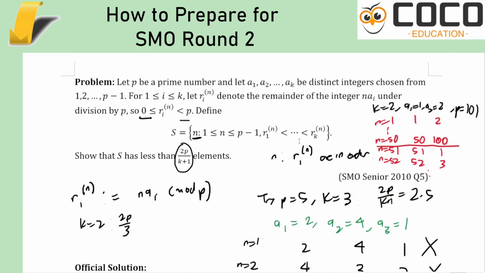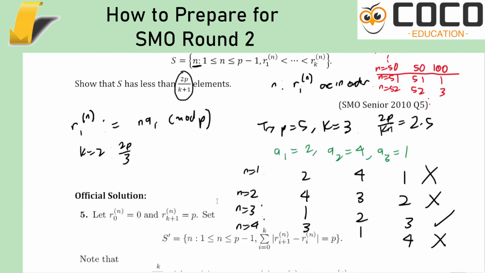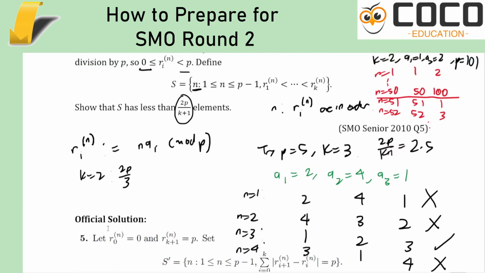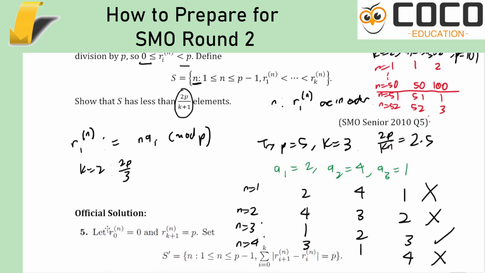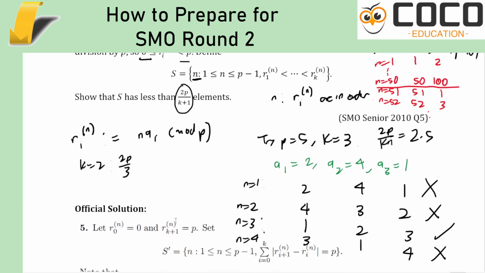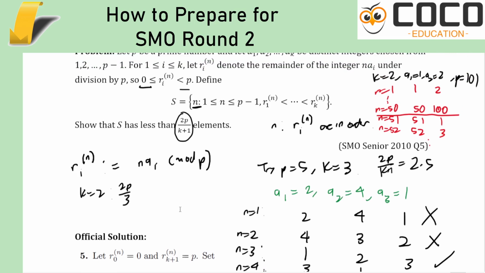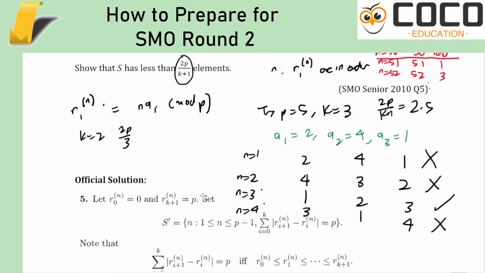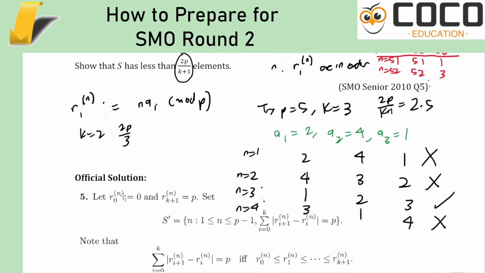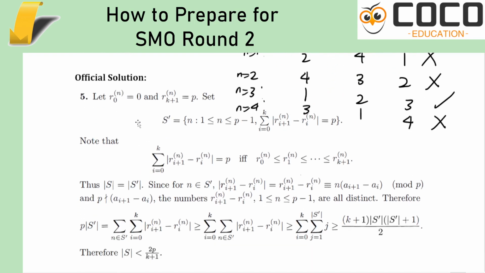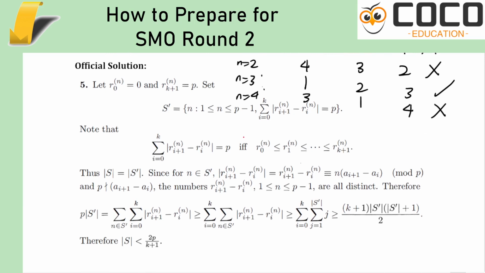Now let's look at the solution here. It says let r naught n equal 0 and r k plus 1 n equal p. Do those mean anything in the question? Not really. I don't know what that's for yet, so let's ignore that and read what this thing is.